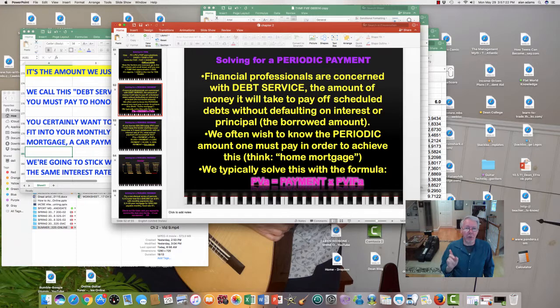So think of the total amount that you just borrowed as the PVA, the present value of a stream of payments, and that stream of payments will be the repayment that you make in accordance with the terms of your borrowing. We're going to be solving for the payment. That's going to be our unknown. The PVIFA comes right from Table D. That means you need to know the term and you need to know the interest rate.